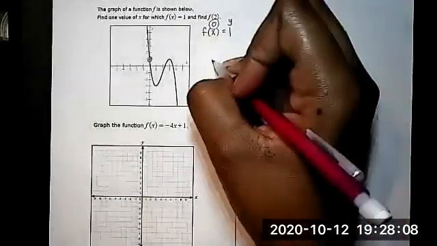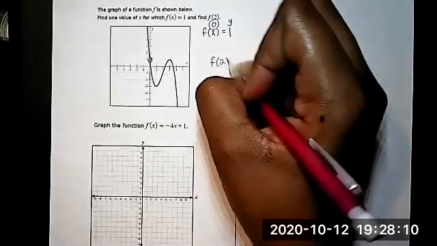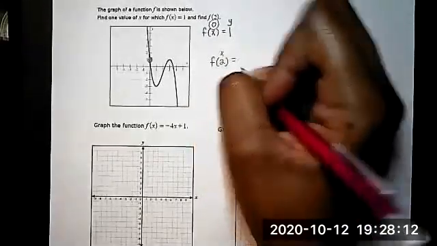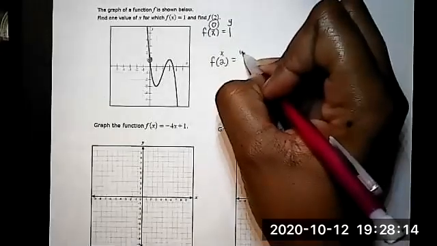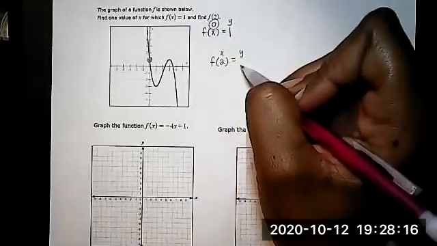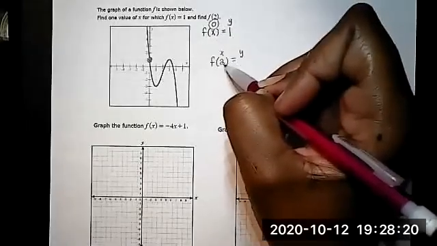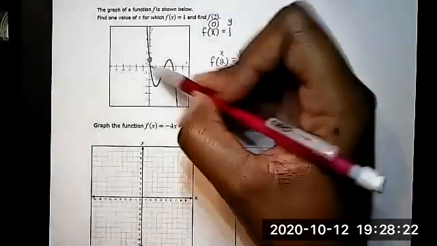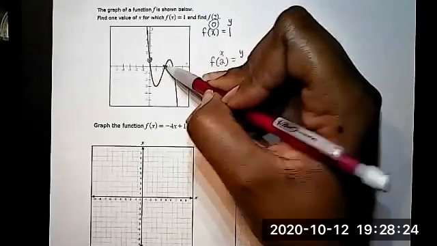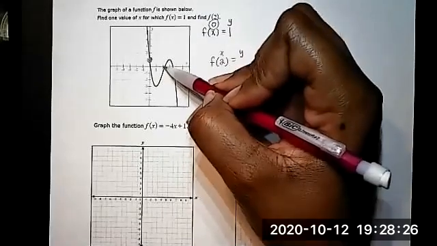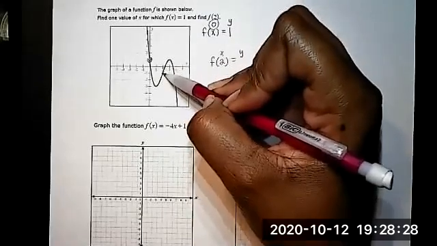Here it's saying find f of 2, that's our x value. Tell me what y would be if x is 2. That's what they're asking you right here. Find f of 2. What is y if x is 2? So if I go to 2 for x, where's my graph at?